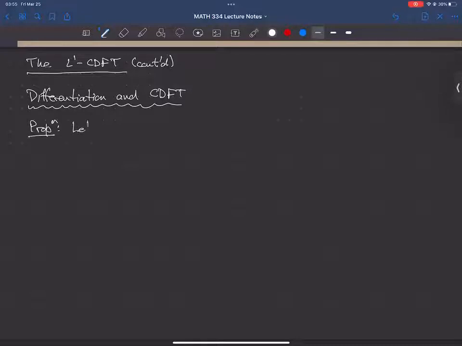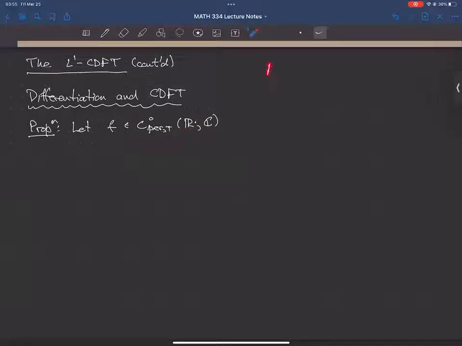So let f be continuous and T periodic. And I want to re-emphasize here, I said this when I talked about periodic signals, that this means periodic on the whole real line.